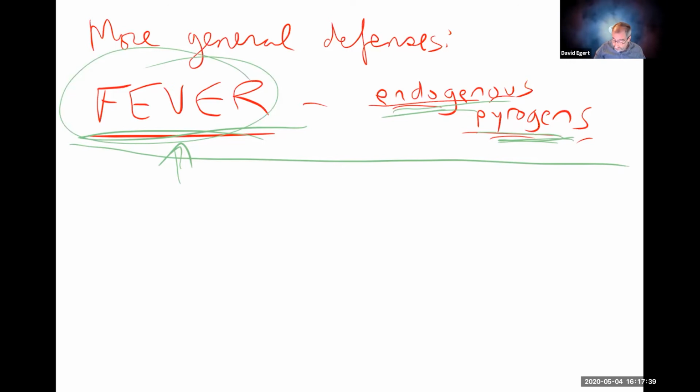Inflammation is the last thing for the general defenses. Can you explain pyrogens? Just sum it up for me. Yeah, white blood cells that are in the middle of fighting an infection will release these signaling molecules, which we call pyrogens, that talk to your hypothalamus. And the hypothalamus, if you remember, is what sets your body temperature.